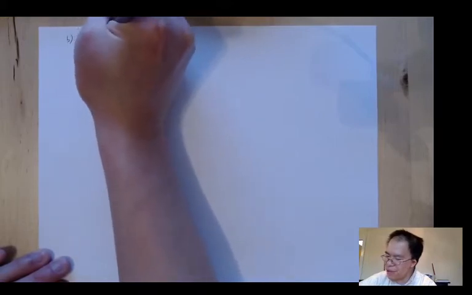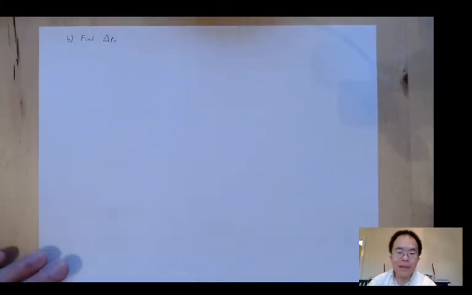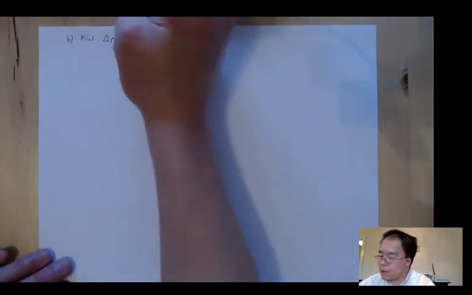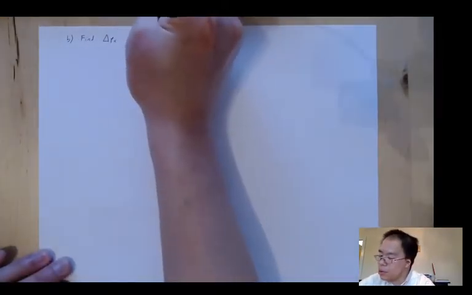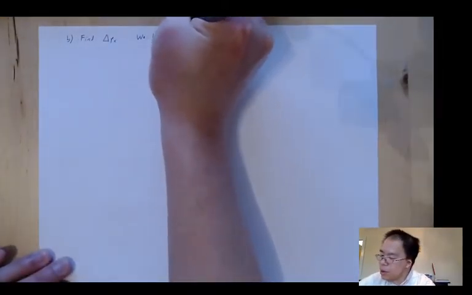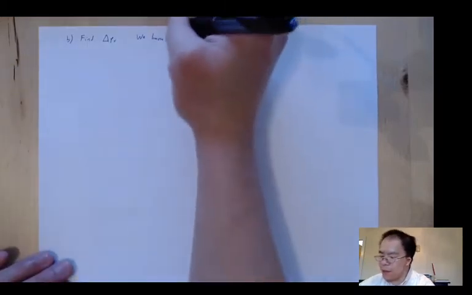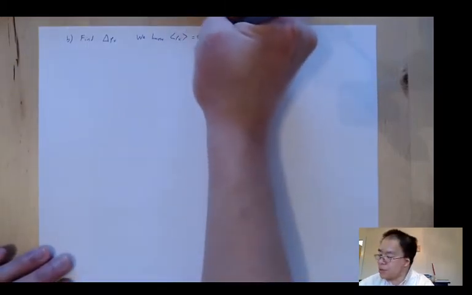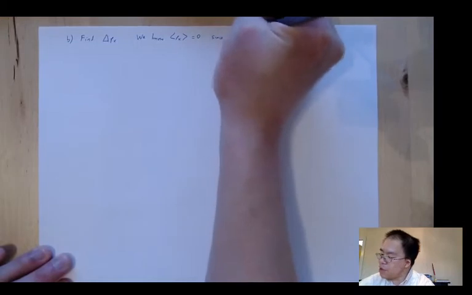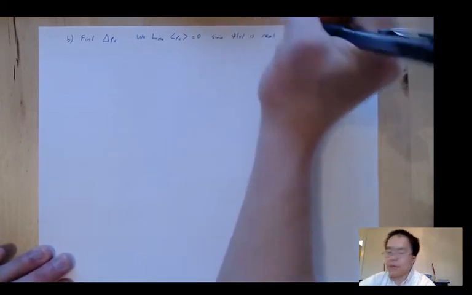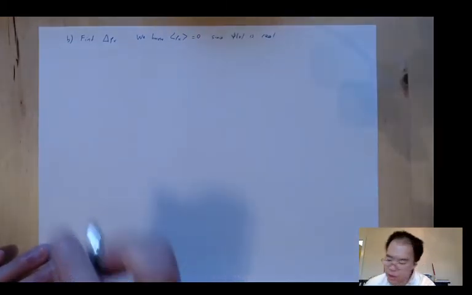Now our goal is to find the uncertainty in momentum, delta p sub x. We know the expectation value of p x is 0 since my wave function is real. We talked about that in class.